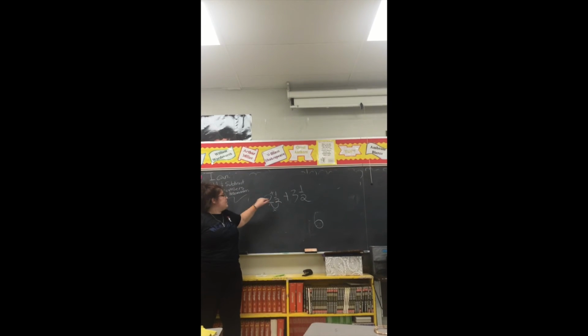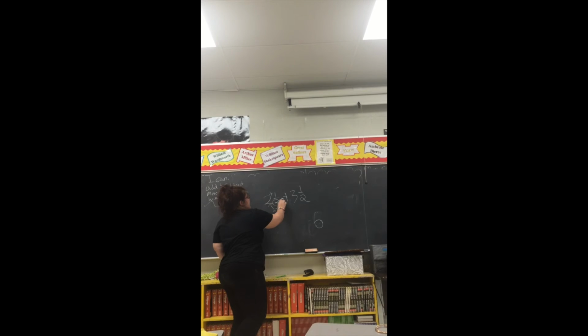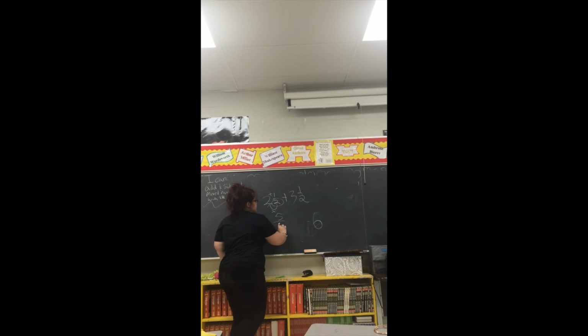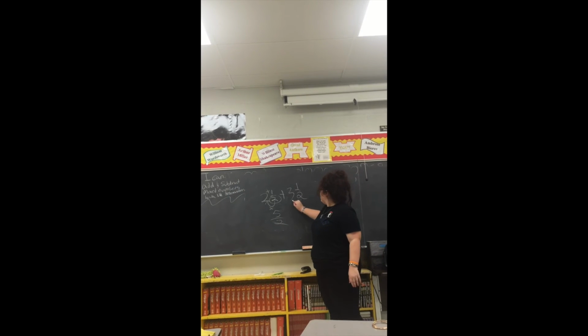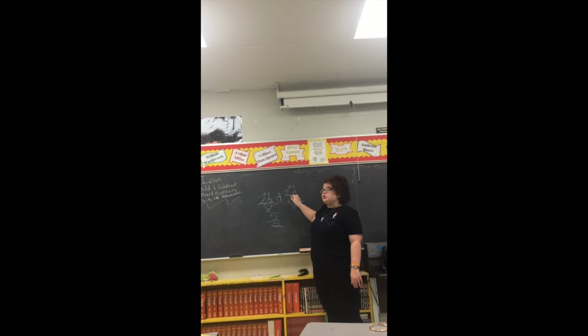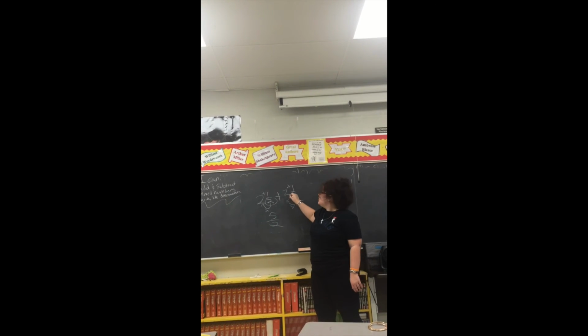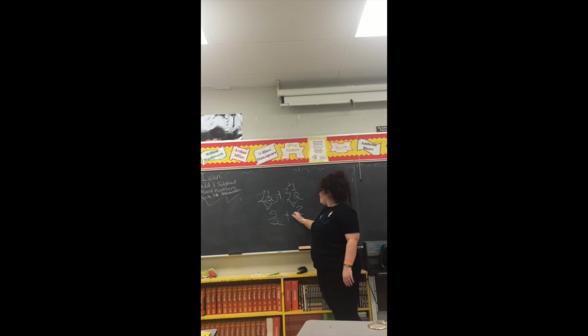So, 2 times 2 is 4, plus 1 is 5, and that beautiful denominator stays the same. So you have 5 halves. You do the same over here. You multiply, and you add. 3 times 2, 2 times 3 is 6, plus 1 is 7, and we keep our denominator. And so we add them just like we did.